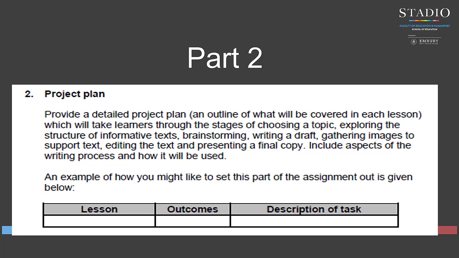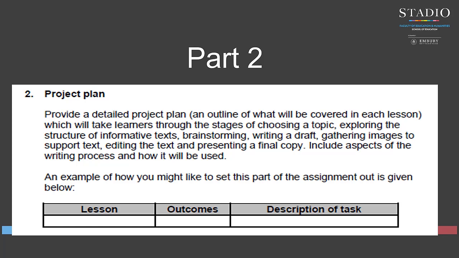So let's just look at some of the possible lesson topics that you could have for your project plan. If I were to teach my learners how to write an information text, maybe the first lesson could be on brainstorming. The second lesson could be on selecting a topic.